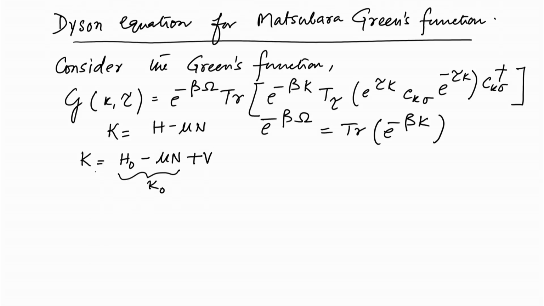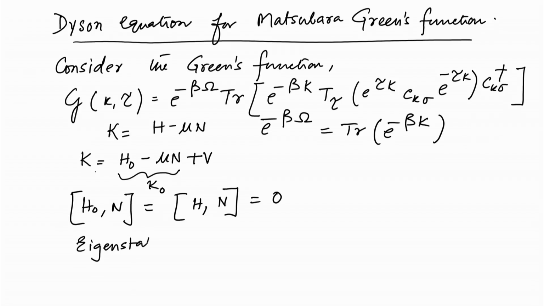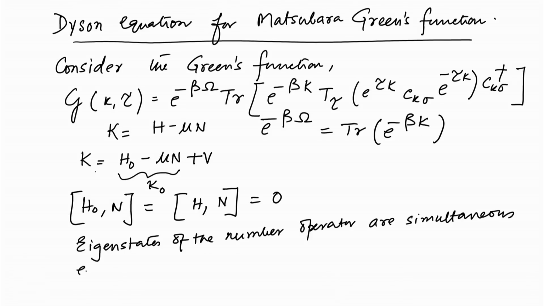Suppose we have been able to solve this exactly, that is without the interaction term, and also that this H 0 commutes with the number operator, and so does the total H, which includes H naught plus V. So the eigenstates of the number operator are simultaneous eigenstates of both H 0 and H.